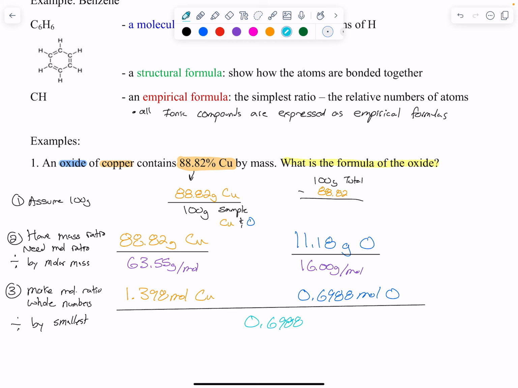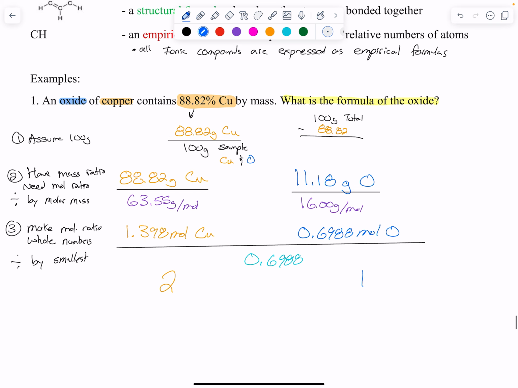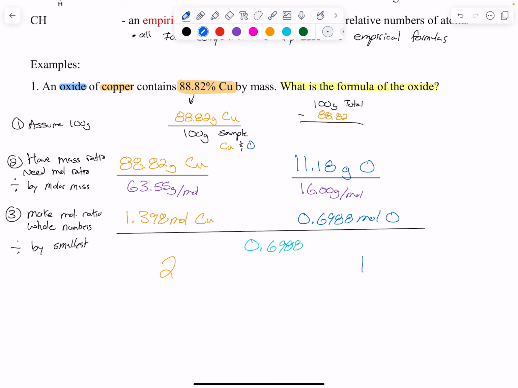If I do that, it looks like I get 2 for copper and 1 for oxygen. So that means my empirical formula will be Cu2O, which is copper with a charge of 1 oxide.